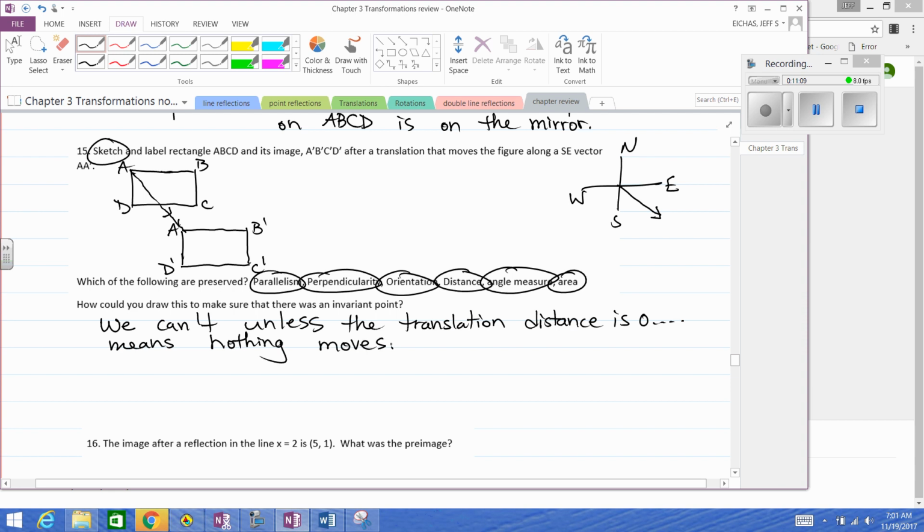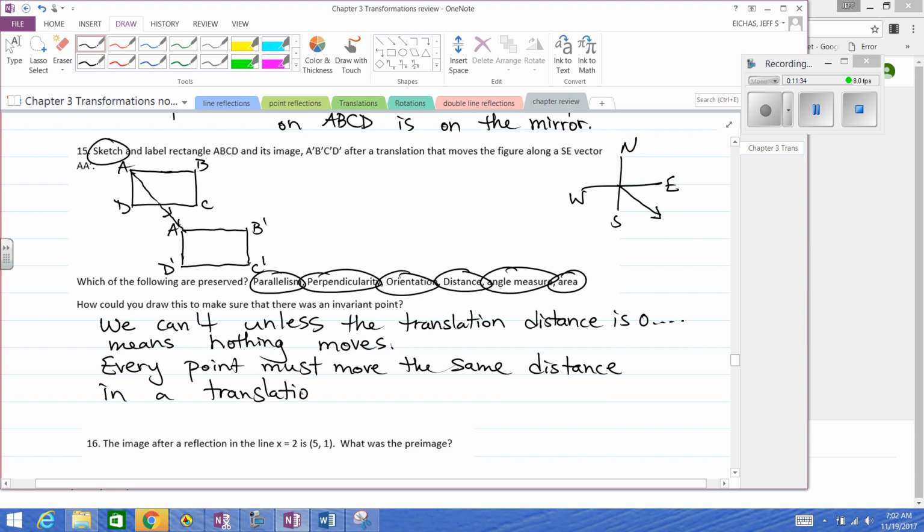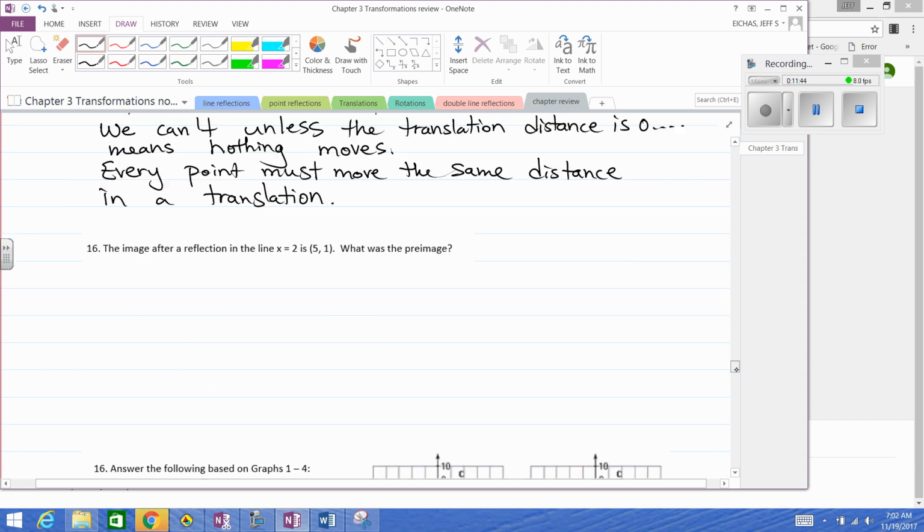Every point moves the same amount in a translation. That's the only one that has to happen that way. Line reflections, the points can move a different amount. Rotation, same thing. So we've seen that. Translation, everything's going to move the same exact amount.